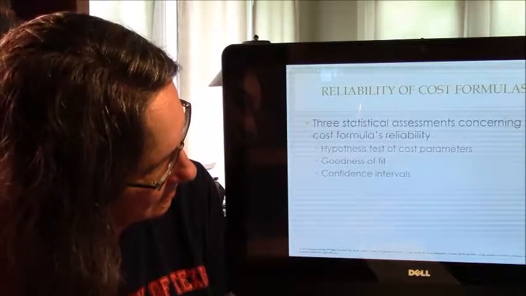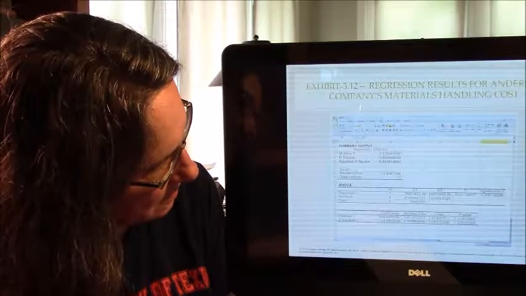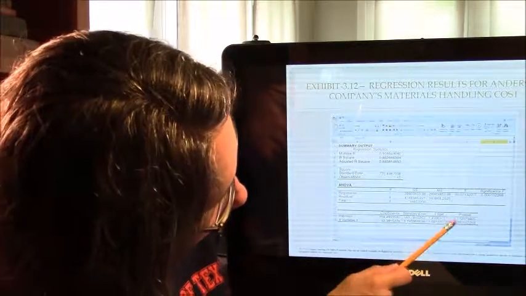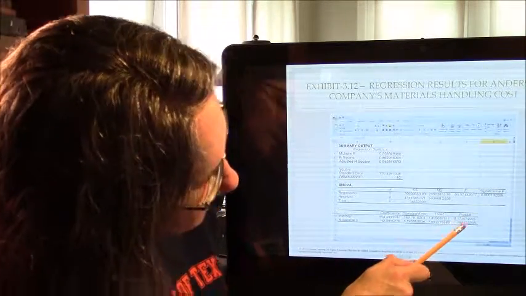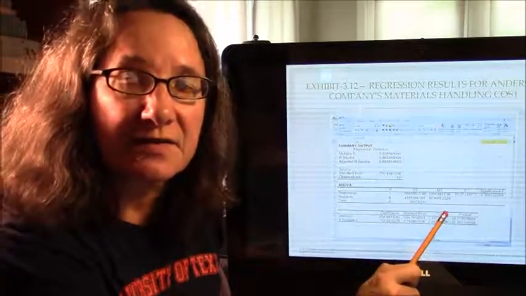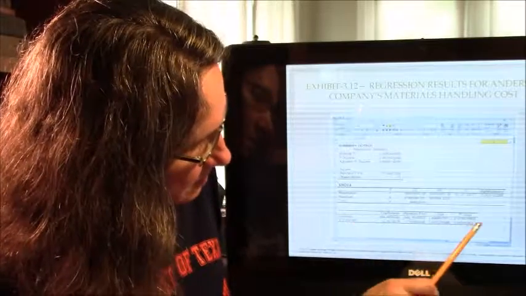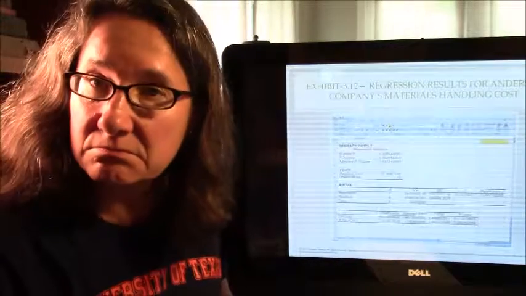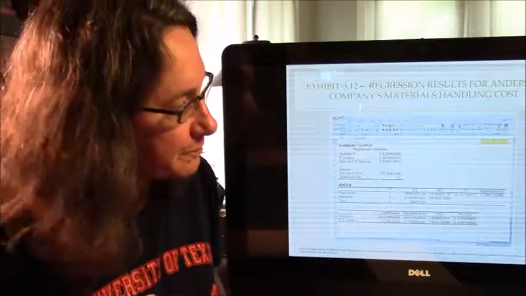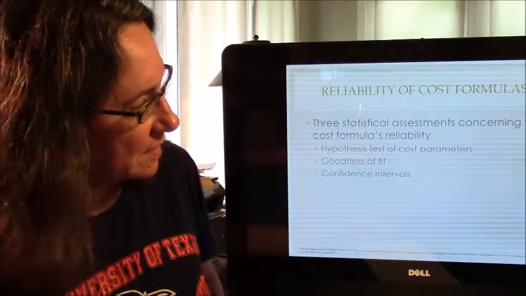This one, there you go, 0.00001. So that's really good. The lower it is, the better it is. So we know that our slope is a pretty good number for that variable. All right, that's all that means.